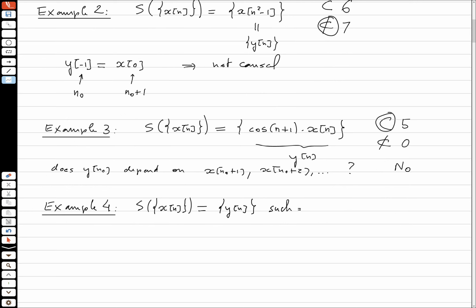Such that y of n is the sum when k goes from minus infinity, the sum of x of k plus 2.